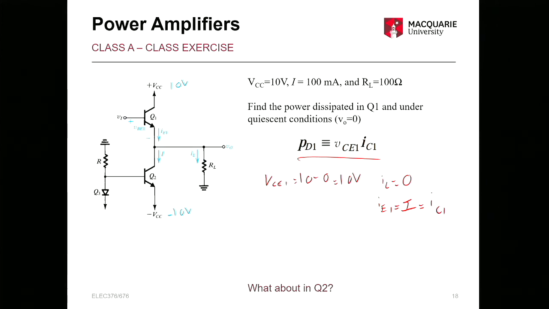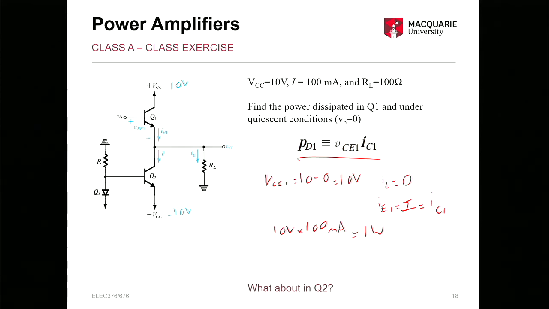So we have our current, we have our voltage: 10 volts times 100 milliamps equals 1 watt. Okay, so I think everyone got that right. That's a nice simple example. What about in Q2?